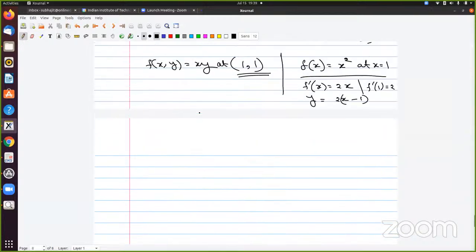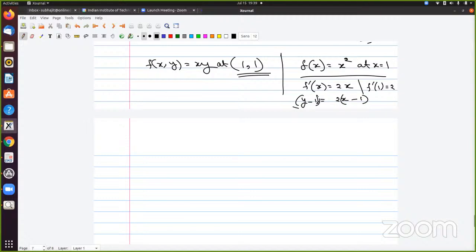You said y equal to 2 into x minus 1, then y minus 1. It should pass through 1 comma 1, right? Yes. So this is the equation of the tangent you are finding, and that is your best linear approximation.